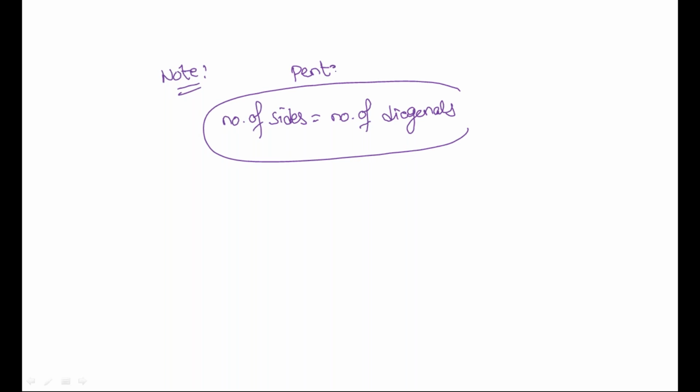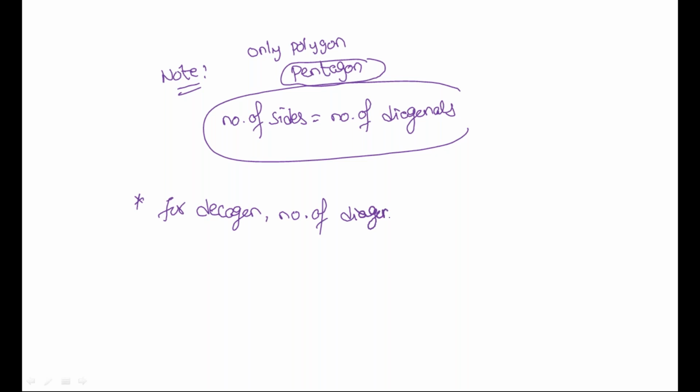Pentagon is the only polygon which has the number of sides equal to the number of diagonals. Now let me know, for a decagon, what is the number of diagonals?